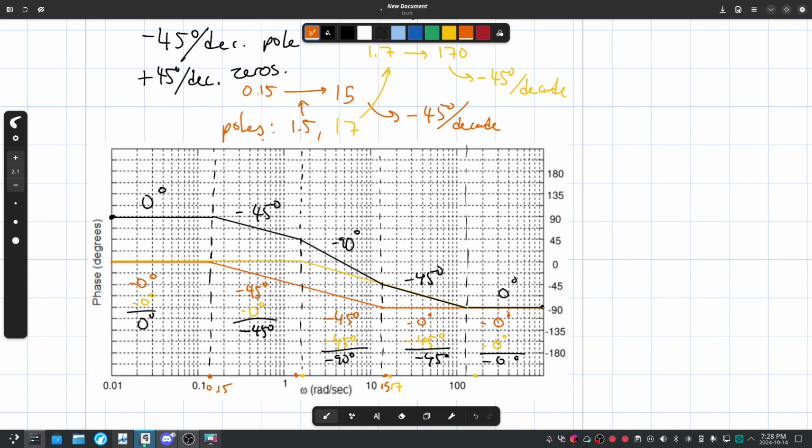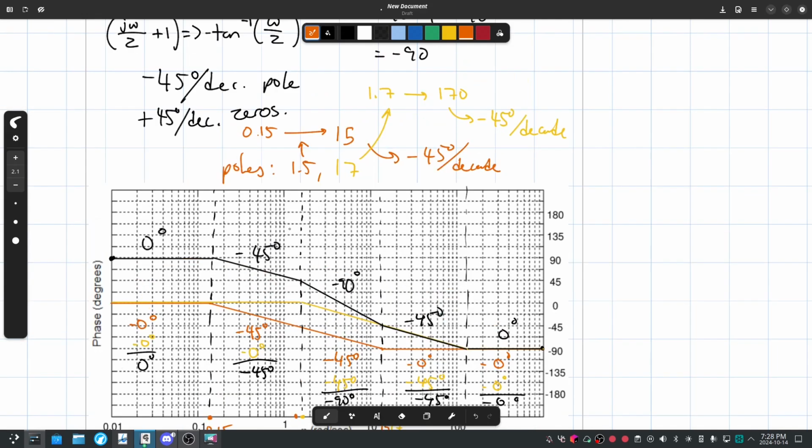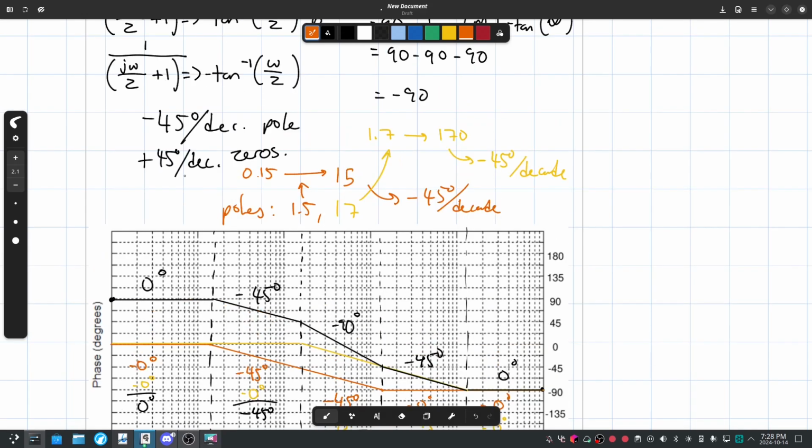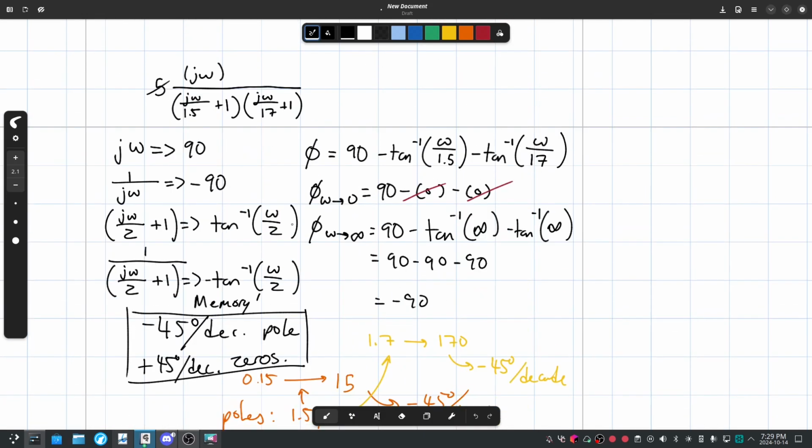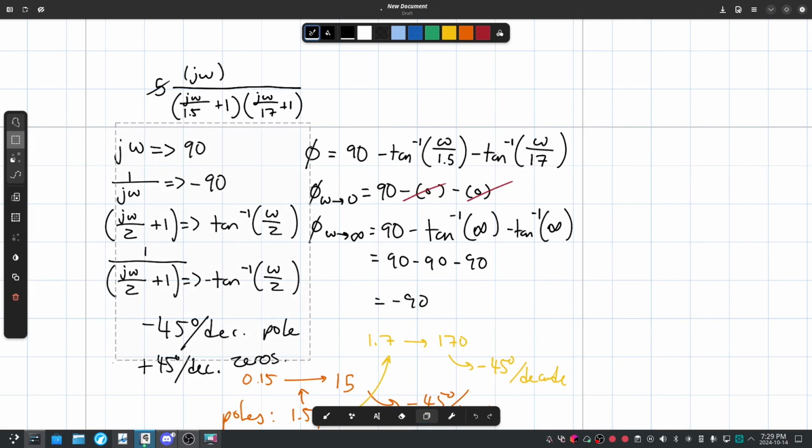You just gotta memorize that. It's just going to be memory. Let me just highlight all of this here as something you need to remember.